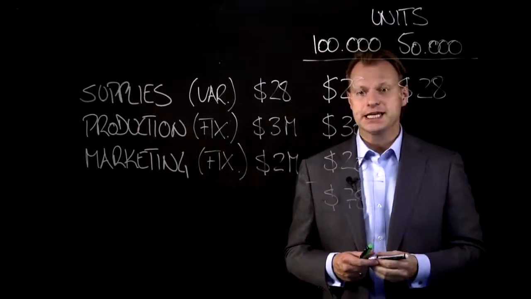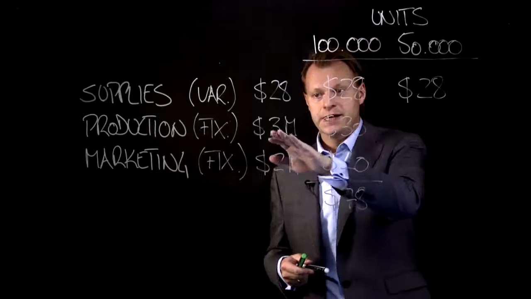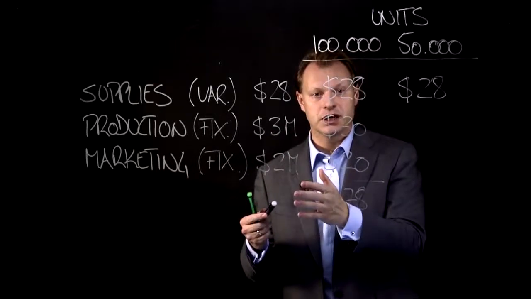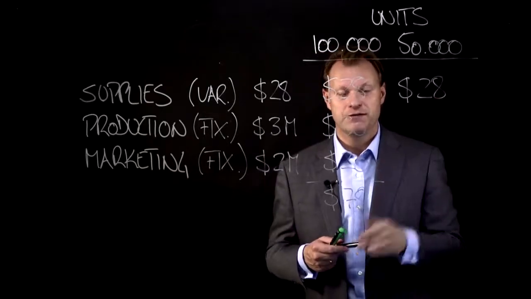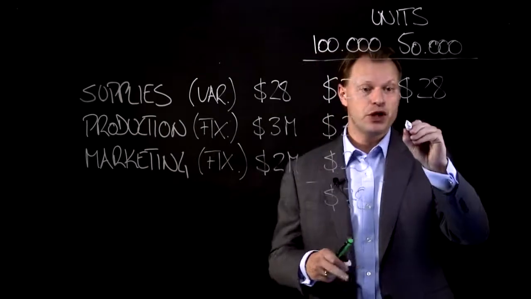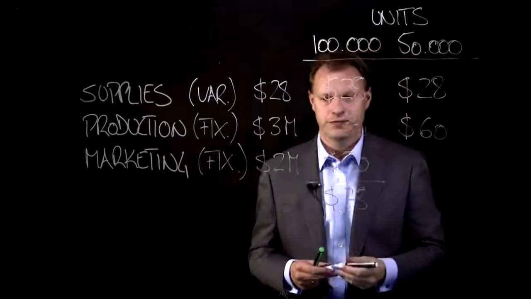Let's look at the second example again, and here we're going to see the differences. We still have the fixed cost of production of $3 million, but now we're only going to divide this by 50,000 units, so the resulting expense per unit is going to be $60.